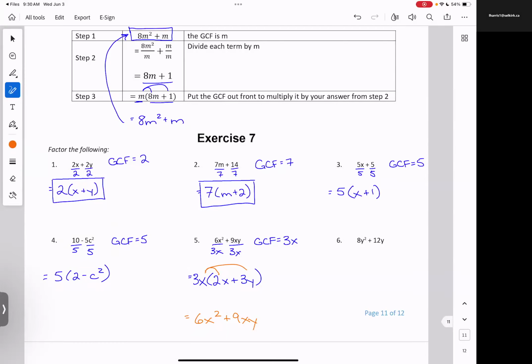Okay, and moving on to the next one, our GCF for number 6 would be 4y. So we're dividing each of these terms by 4y. When we do that division, we get 2y plus 3, and then we stick our 4y out front.